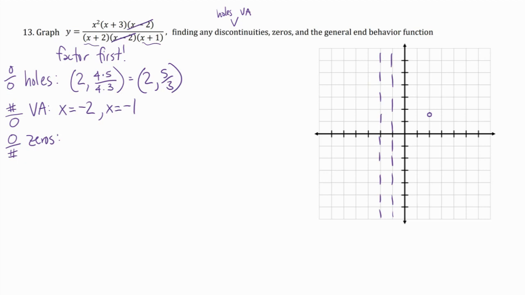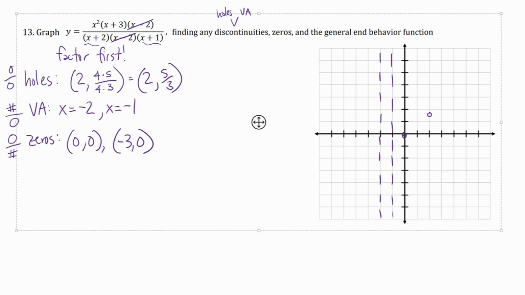So your zeros, or your x-intercepts, occur whenever your numerator, and just your numerator, is equal to 0. So that would be at x equals 0 and at -3. Those are the x values that make just your numerator equal to 0. Okay, so I'm going to graph those up: (0, 0) and (-3, 0).